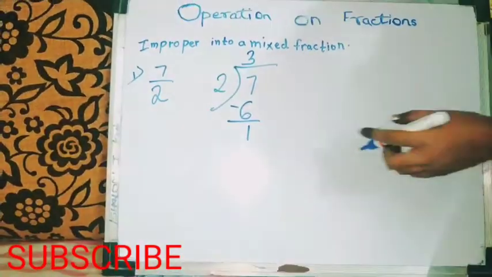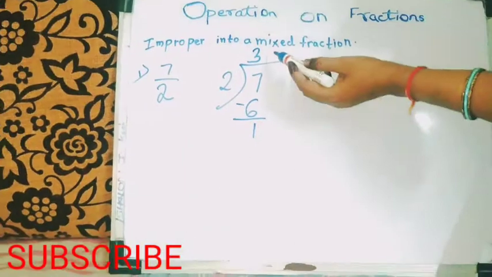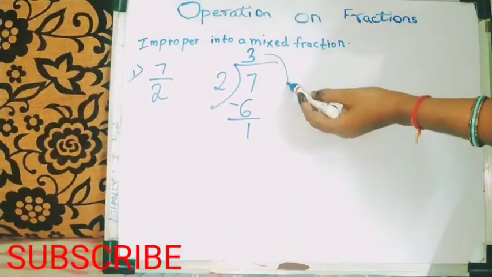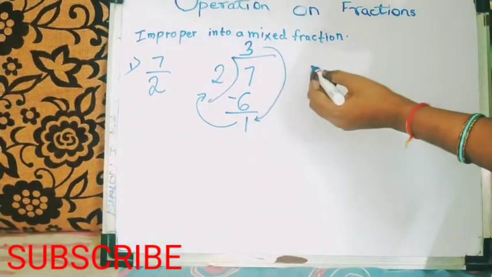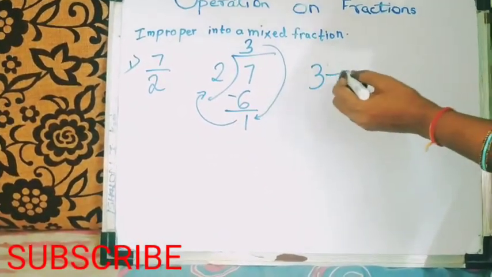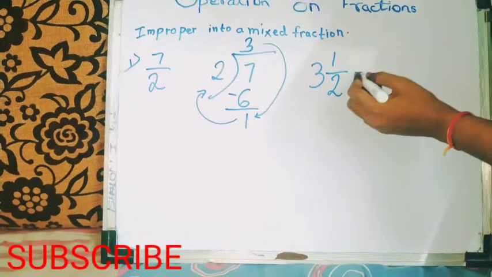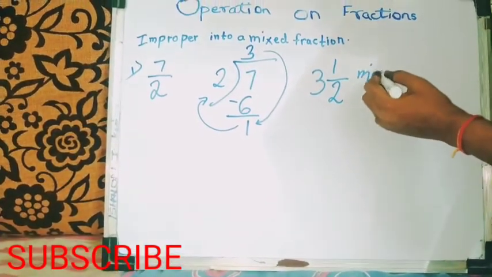You can write from here. Start from 3 upon 1 by 2. This is a mixed fraction.